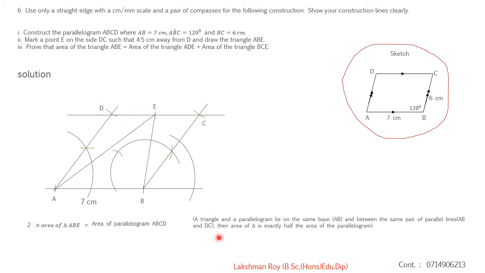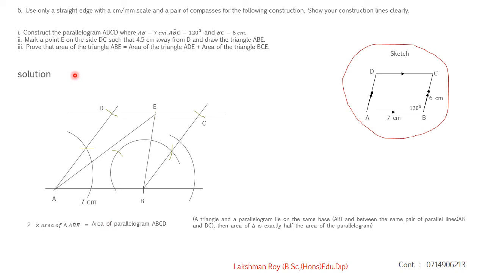Then the area of the triangle is exactly half the area of the parallelogram. So I multiply that half by 2, then I get 2 times area of ABE triangle. So that is the area relationship between the area of triangle and parallelogram.